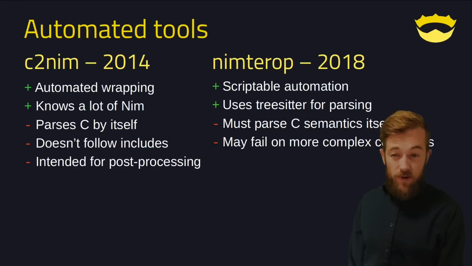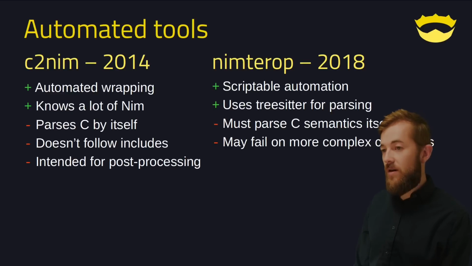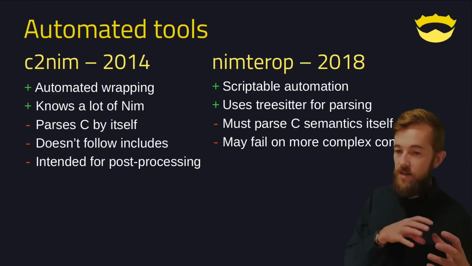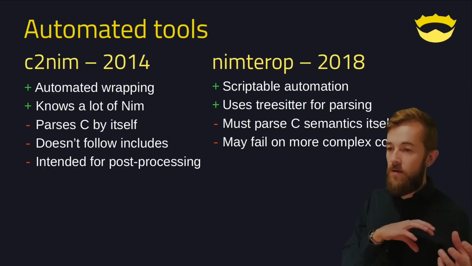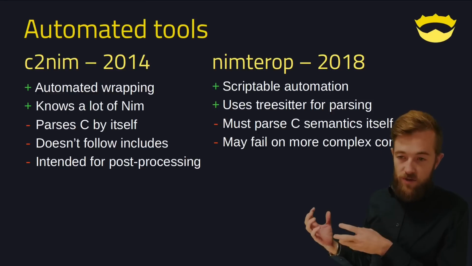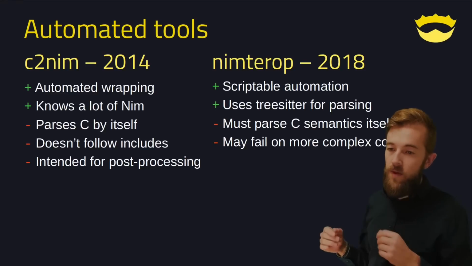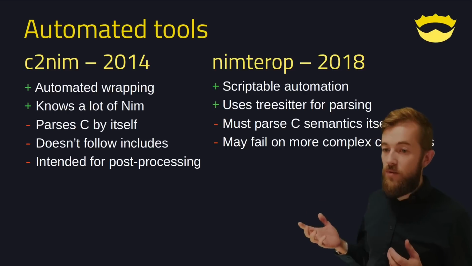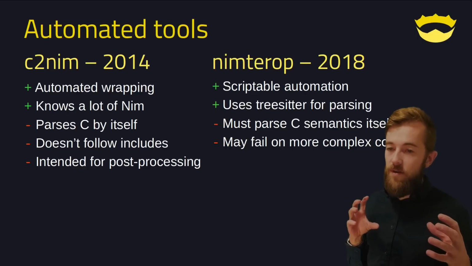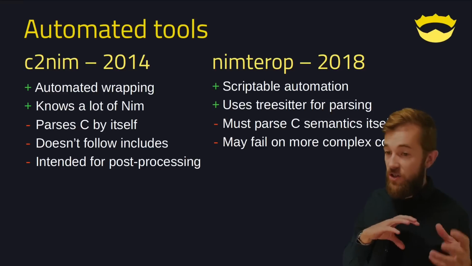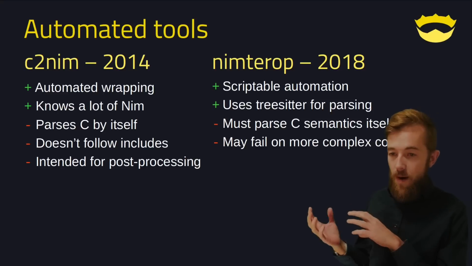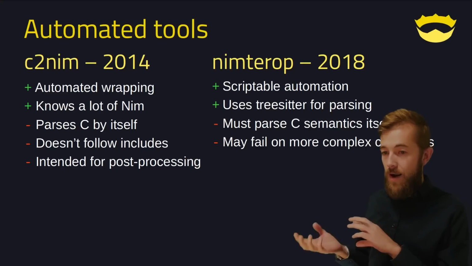And in my book, one big drawback is that it's intended for post-processing. So the intention with C2Nim is that you take a C header file, you give it to C2Nim, you get out a Nim file, and then you modify that Nim file to fit whatever you want your wrapper to do. And the problem with this workflow is that if the upstream header file changes, now you need to remember what you changed in your wrapper.